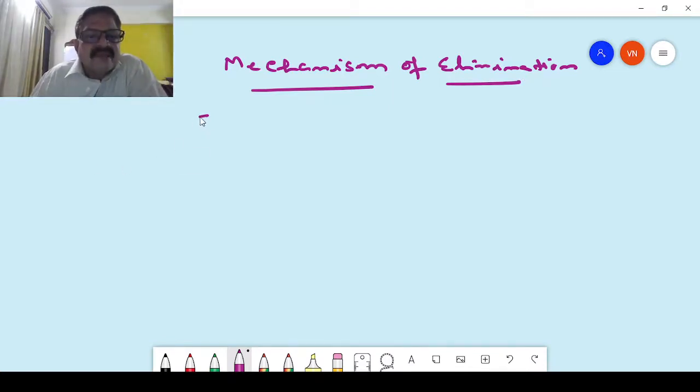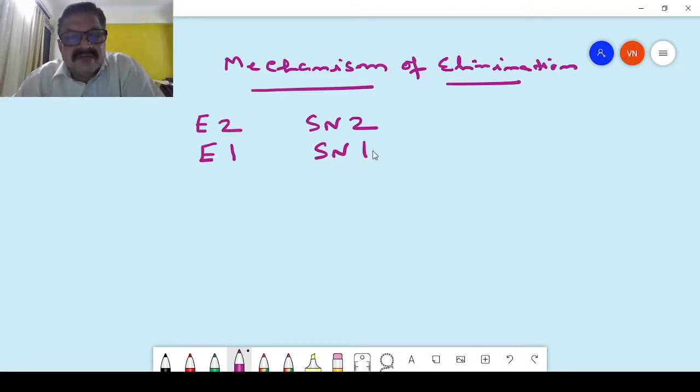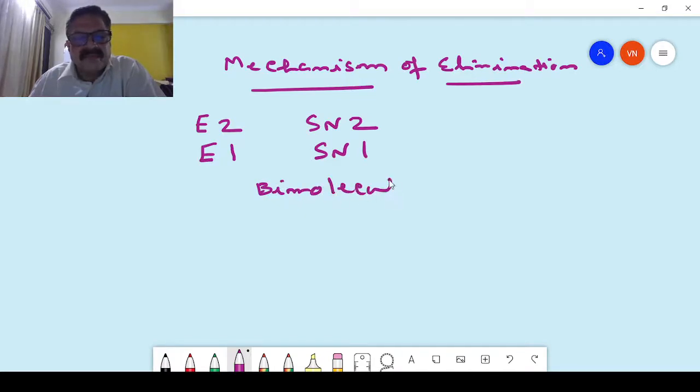SN2 is substitution nucleophilic bimolecular, and SN1 is substitution nucleophilic unimolecular. In the same way, E2 means bimolecular elimination, and E1 is unimolecular elimination.